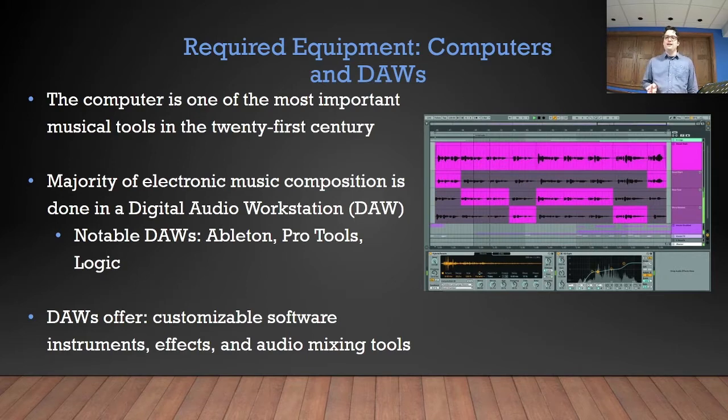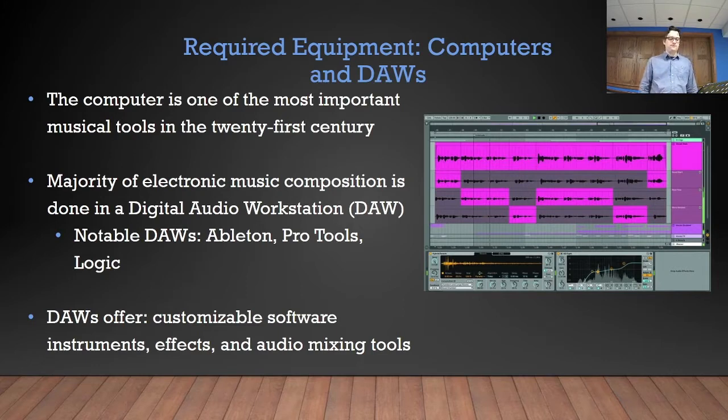Today, I'll be using Ableton. And if you look over on the right of the slide, you'll see a picture of the interface of Ableton. And you can imagine a DAW is almost like a traditional home studio. You have the capabilities to record, mix, master, add audio effects, and even create software instruments and effects inside the program.